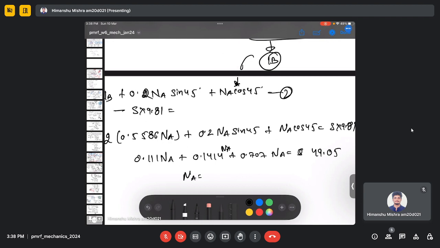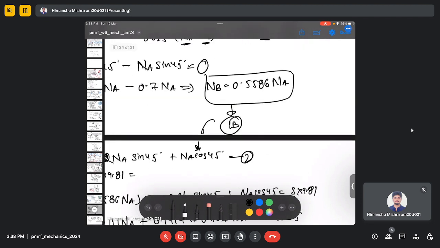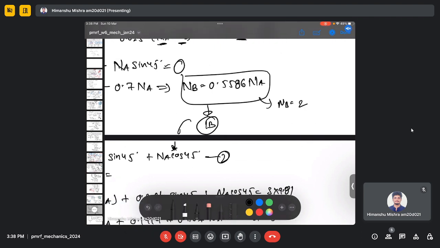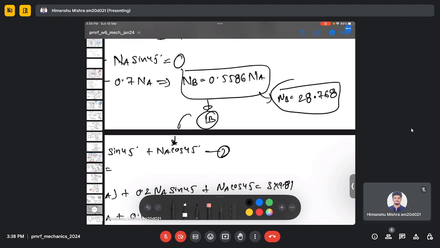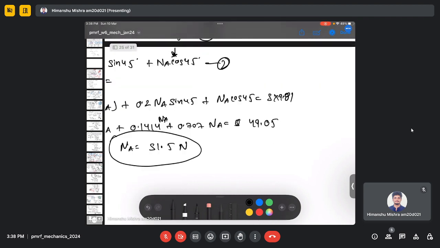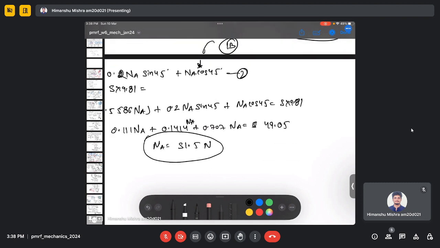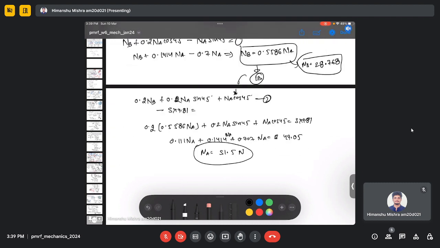So solving this, we will get NA as 51.5 Newton, and from this we will get NB as 28.768. So we already identified NA and NB.